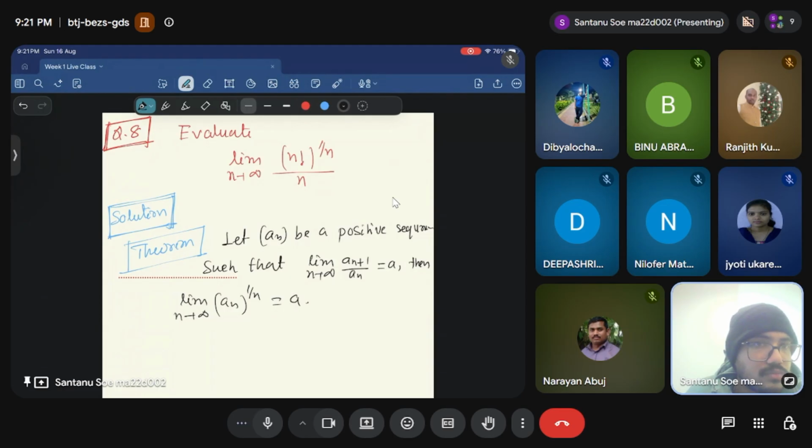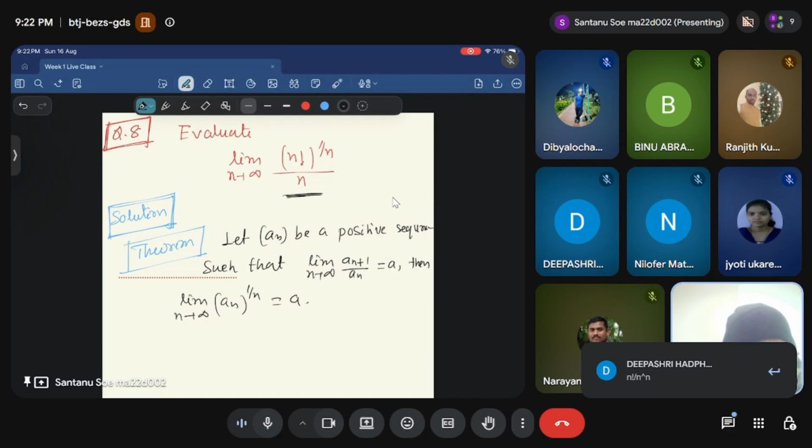Or Binu, Divyalocan, you guys can tell me what to take a_n. So you see that finally we want to show that a_n to the power 1 by n is this, right? So that means we have to take a_n in such a way that after taking the power of 1 by n, we get this term.